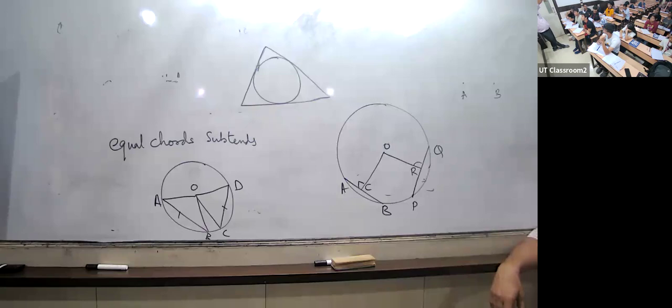You will see most of the questions and the remaining theorems are based on this theorem. There are 4 or 5 theorems, because cyclic quadrilateral also, and based on this there are 2 exercises. So write the theorem. Theorem number 8.